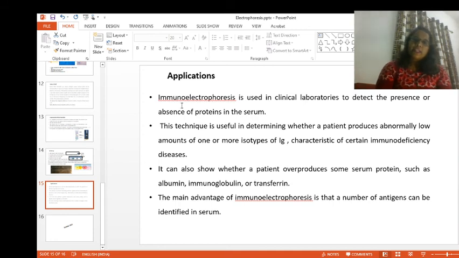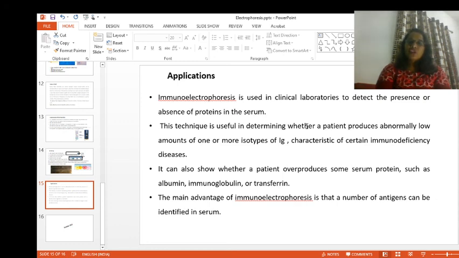And what are the applications? It is usually used in clinical laboratories for detection of the presence or absence of proteins in the serum. It is also useful in determining whether the patient produces abnormally low amounts of one or more isotypes of IgG, which is usually characteristic of immunodeficiency diseases.